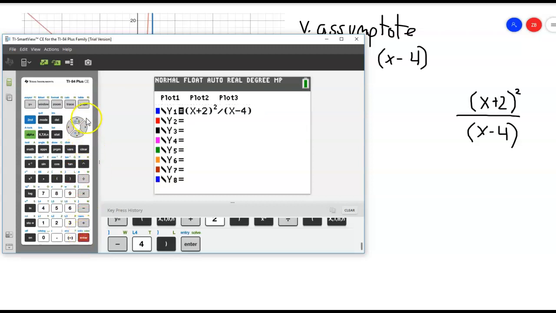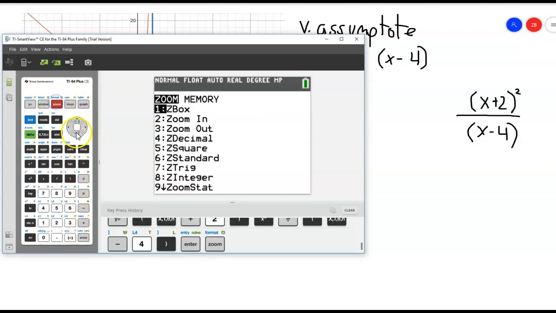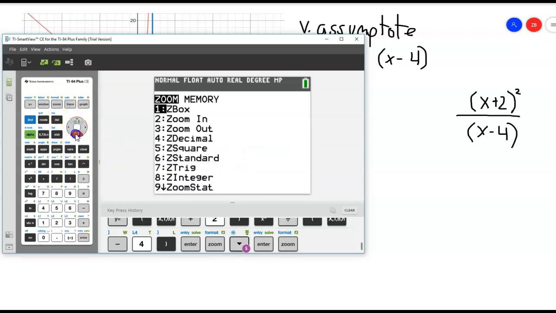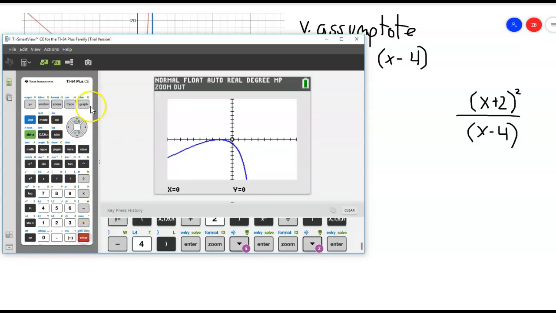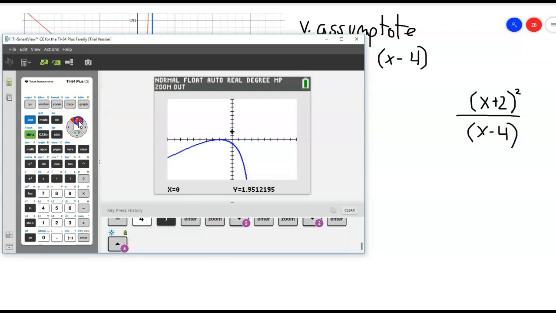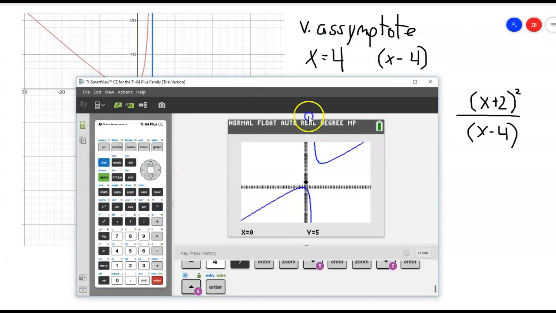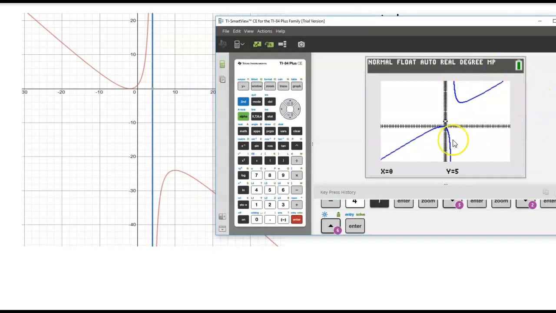And hit enter. If I go to zoom, we'll start with zoom standard and see how that looks. It looks like we can see one part of it here, so let's zoom out a little bit. I'm going to center that up here, maybe about there. And we can see that it looks like a similar graph, except it's upside down. It's reflected across the x-axis.